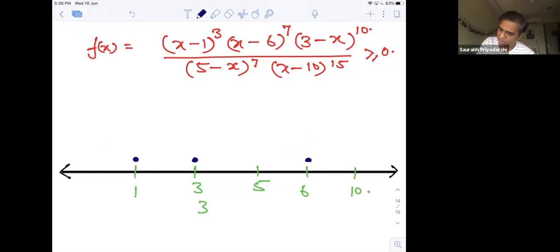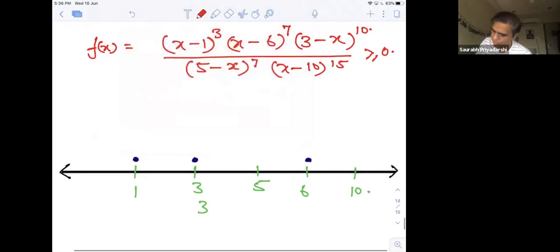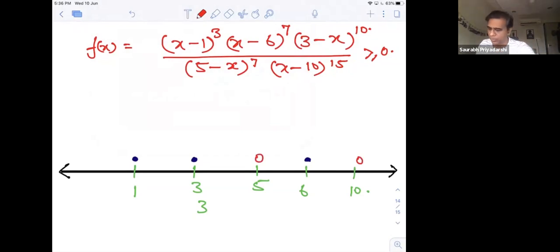Then you have to put the values open, right? Now we have to start with the even or odd power, but first when you are starting you have to be careful. Just check when you are putting any value greater than 10, let's say 12. 12 minus 1 is positive, 12 minus 3 is negative, but the power is even, so this will be positive.